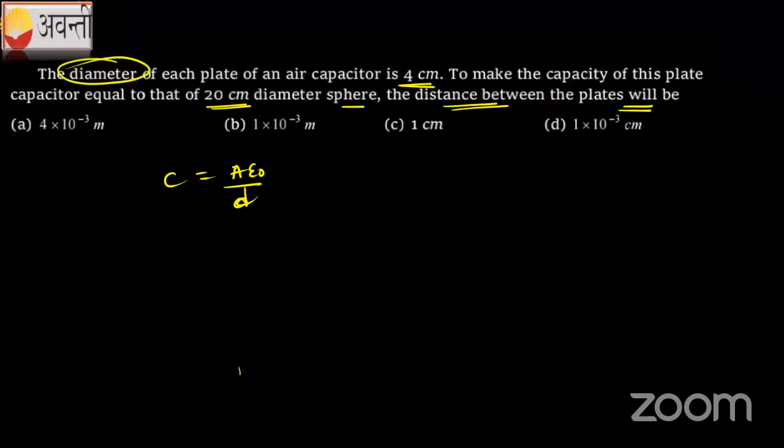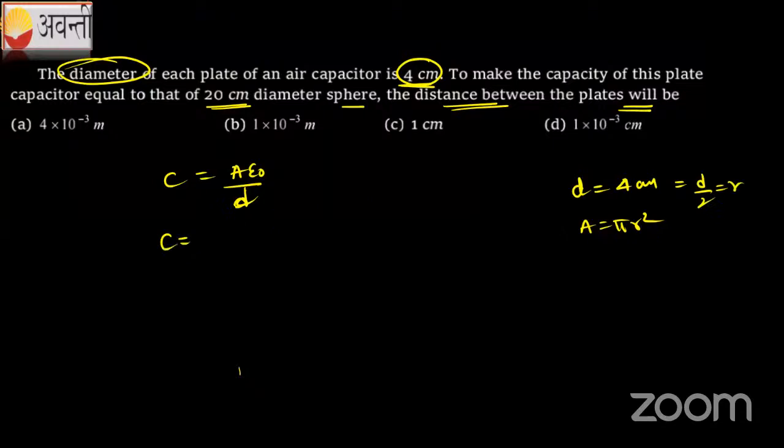In terms of diameter they are saying. Correct ना? Diameter of the capacitor is 4 centimeter, means it is actually circle plates. Okay, plates are circle, not a rectangle here. Okay, area क्या होता है इधर? Pi r square, but r we require, means d को क्या करना पड़ता है? Divided by 2 करना पड़ता है. D by 2 will give the r value. Correct now? Okay, we'll calculate.